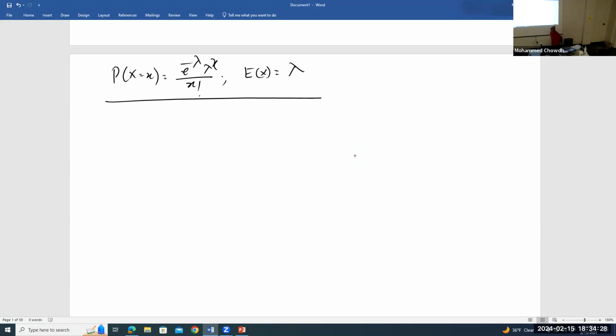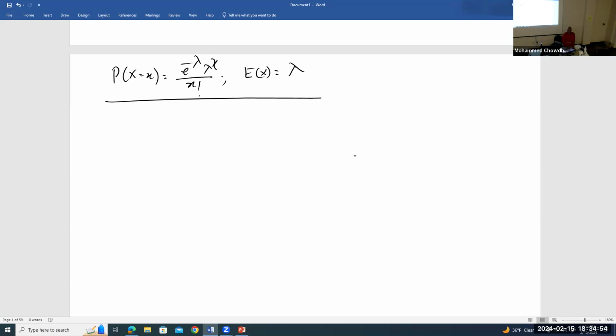So the mean of the Poisson random variable is in the model. Clear? Now, question? No? Okay. So see, Poisson distribution has its mean parameter lambda.